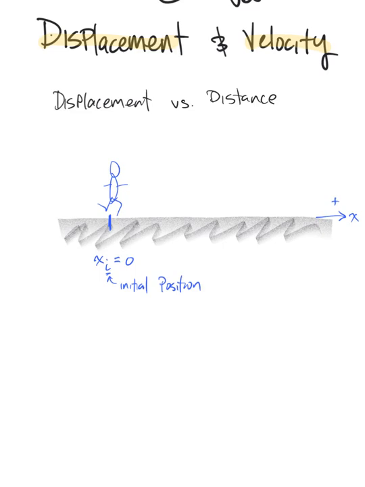You start at 0. And I'm going to have you run, first of all, in the positive direction over to, let's say, x final is, let's call it 10 meters. So this is x initial, this is x final, so this is your final position.